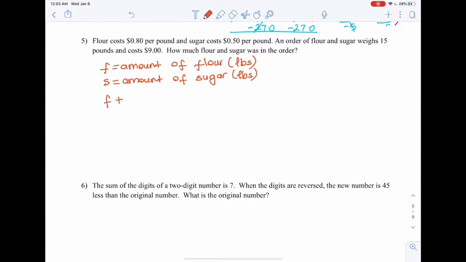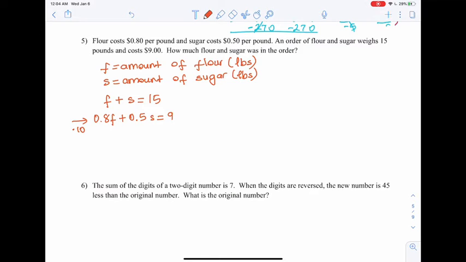Let's write our equation first for the weight and then the second equation for the cost. So F plus S is equal to 15 pounds, and also 0.8F plus 0.5S is equal to 9. Like we did with the previous question, we can multiply this equation by 10 to get rid of the decimal points and work with a less complicated equation.